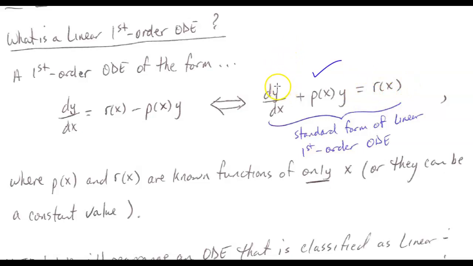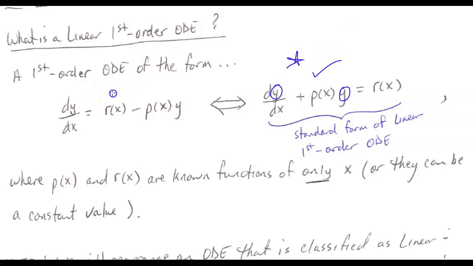I prefer this way because this looks like first derivative, no derivative, but just the regular function, and then equals, and this doesn't have anything but our function r of x. And so you'll see that for most of the examples that I do, I stick with this second form here, just because I think it's a little bit easier to recognize.